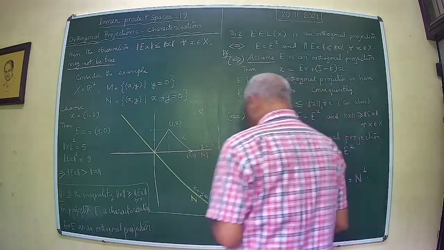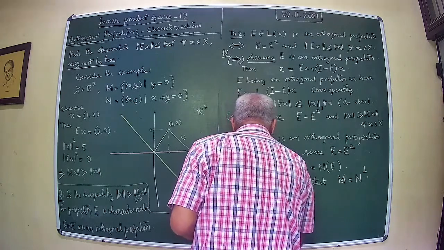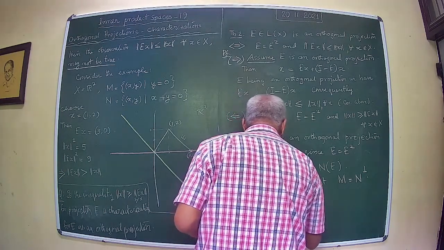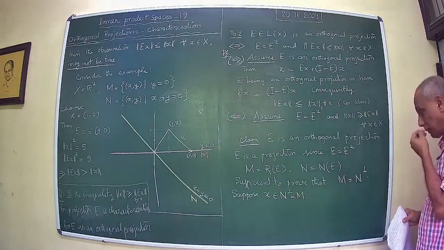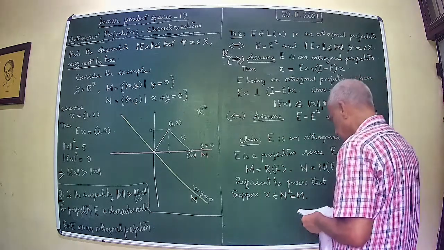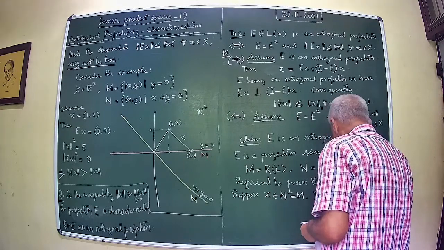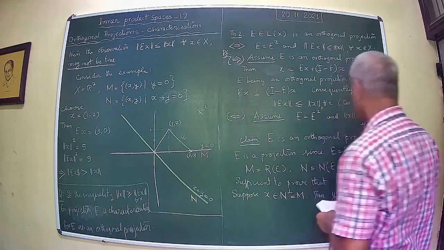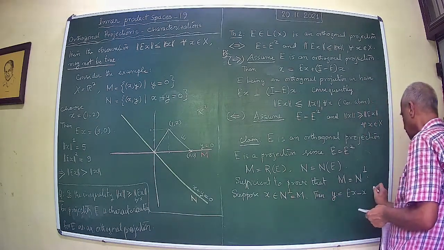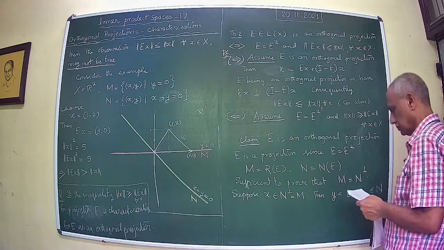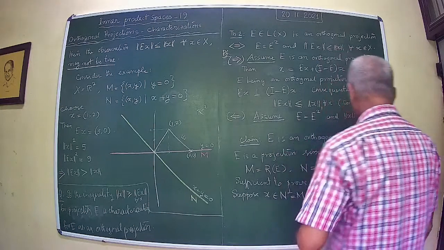So suppose x belongs to N perp, which is equal to N. Then, because you can show that Ey equals 0.